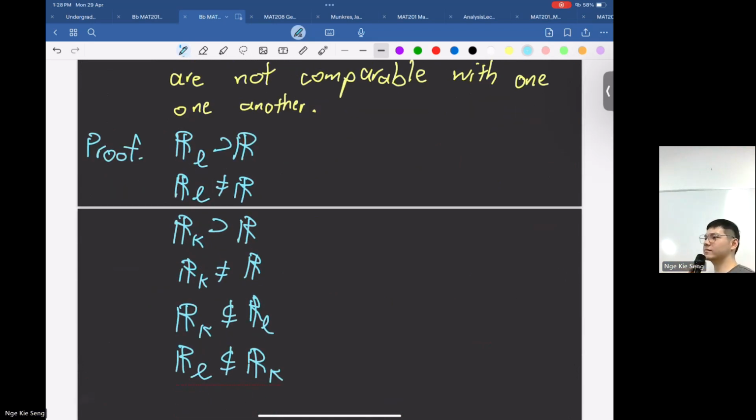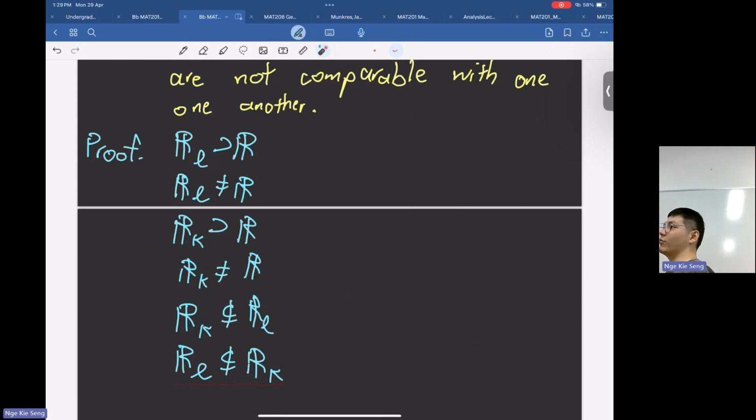Okay. Any idea? So for the first one, to show that R is a subset of R lower limit, how to show it?